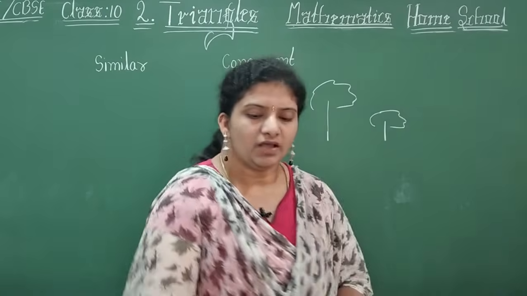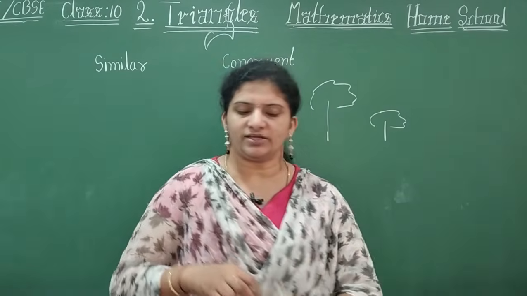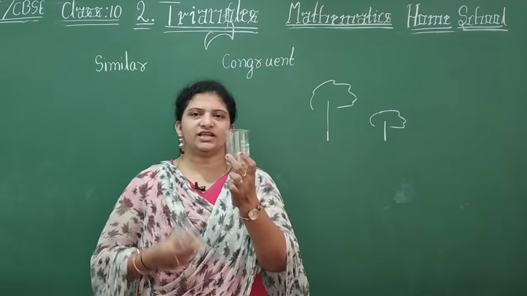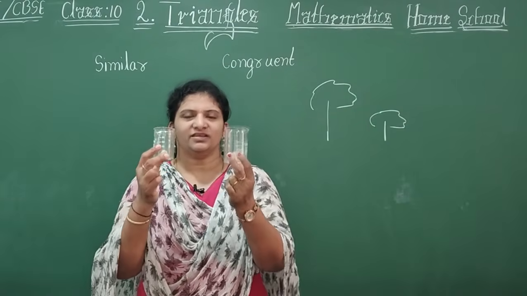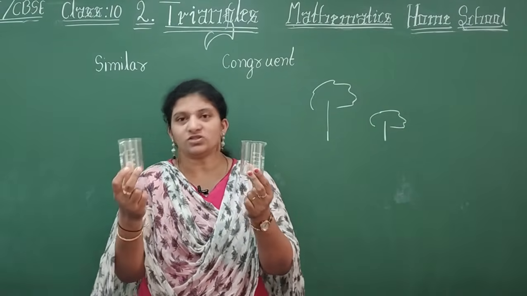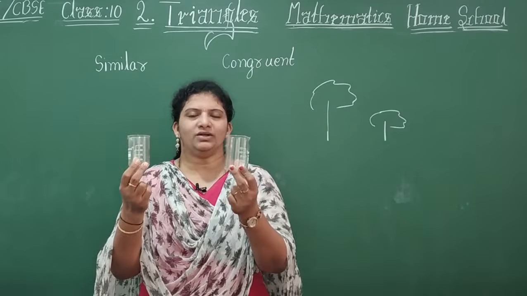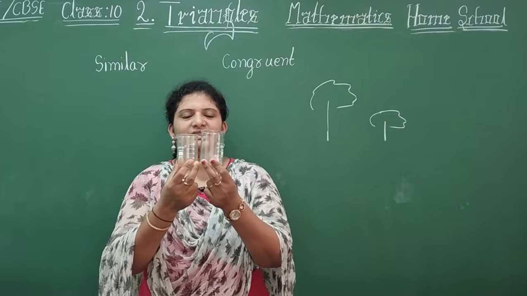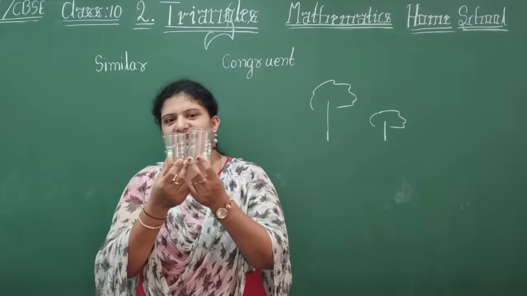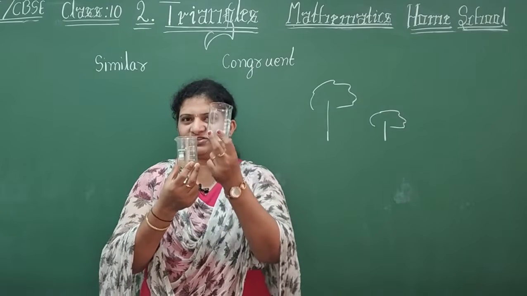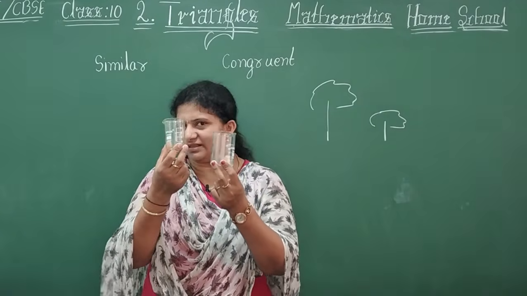Let's see one more example. Look here, children, observe here. What is this? This is a beaker. This is also a beaker. But what you can say, these differ in their size. Can you see? This is a little bigger than this, right?